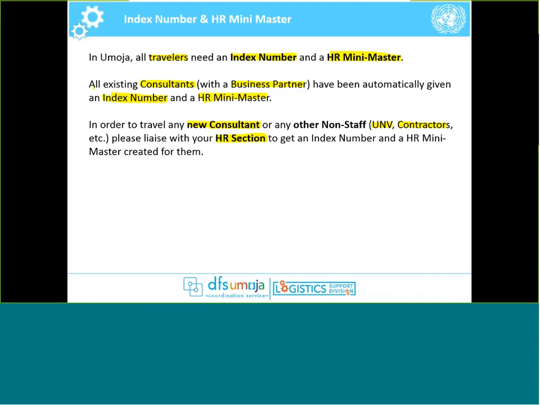So in case of doubt, in the portal we'll see afterwards that you can search for the person, and if the person doesn't have a proper index number or a proper HR minimaster, you will not be able to travel them. The system will tell you that that person doesn't have a proper HR minimaster.